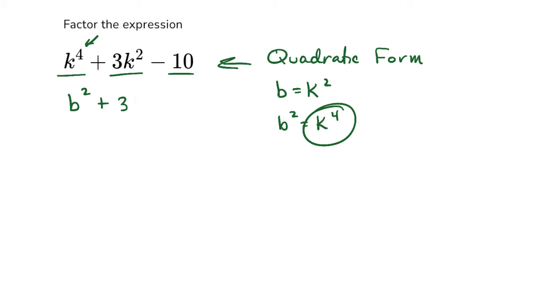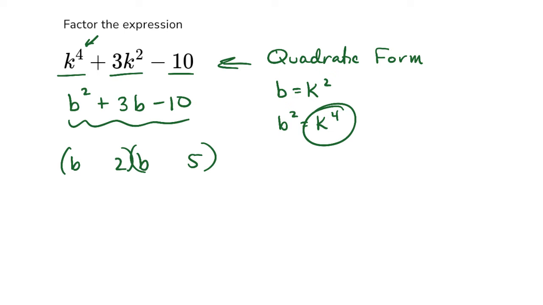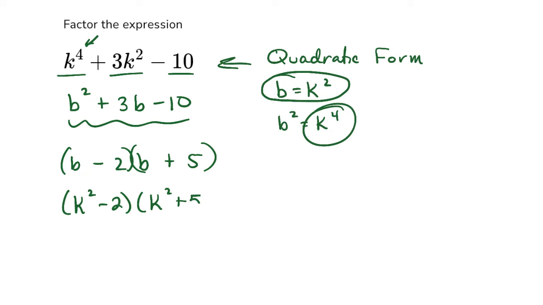Where there's a k squared, it's just b. You can see that this thing can be written as a quadratic equation. You could actually factor it this way, using this quadratic form. However, when you get done, you have to do some more work, because b is actually equal to k squared, so now it becomes k squared minus 2 and k squared plus 5. And so that would be your factorization.